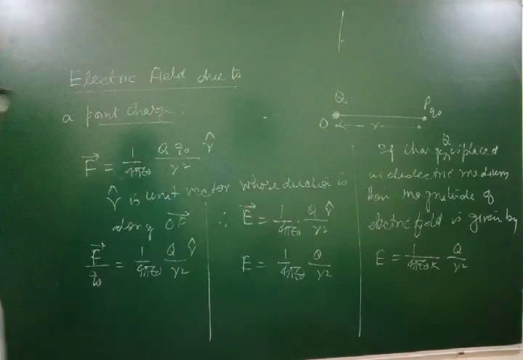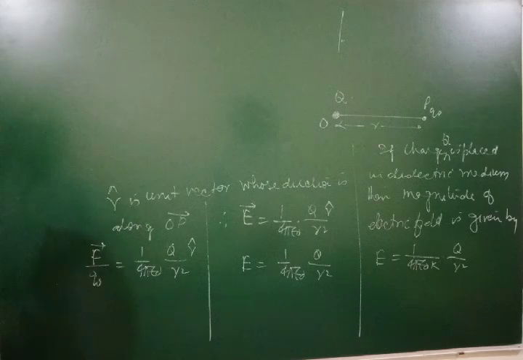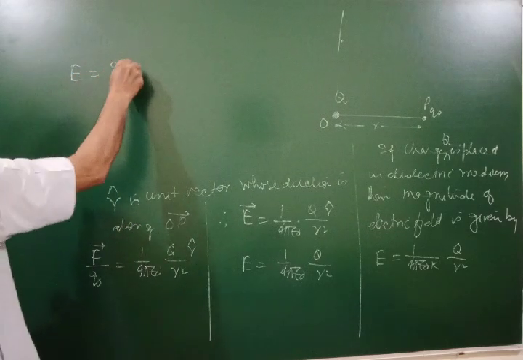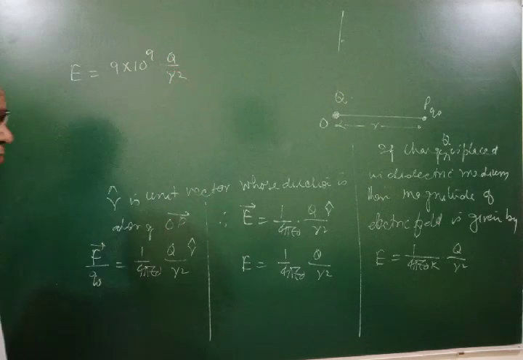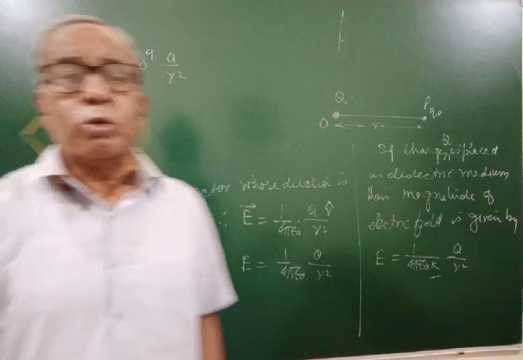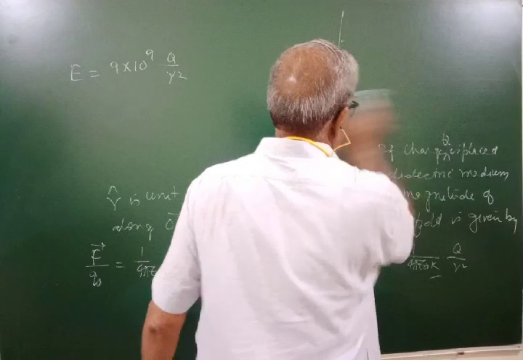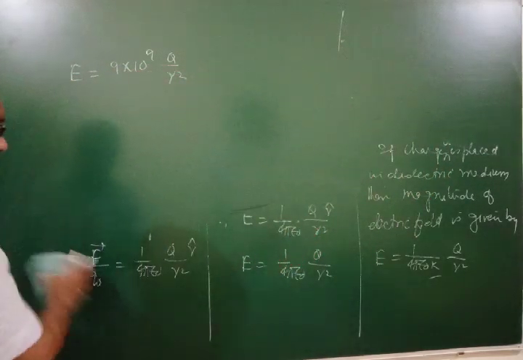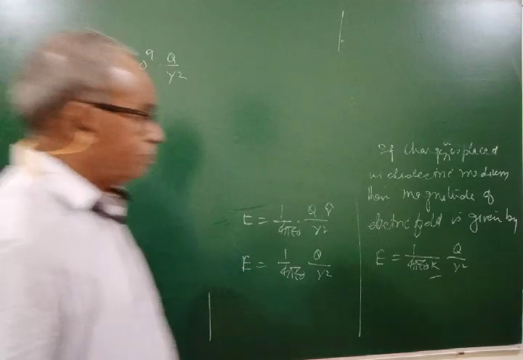Our NCERT book writes only electric field, they never talk about electric field intensity. For vacuum, you can write directly that the magnitude of electric field at distance r from a point charge is 9 into 10 to the power 9 Q upon r square. Here you know what this K is. I told you K while stating Coulomb's law. K is the dielectric constant. Its value varies from 1 to infinity.